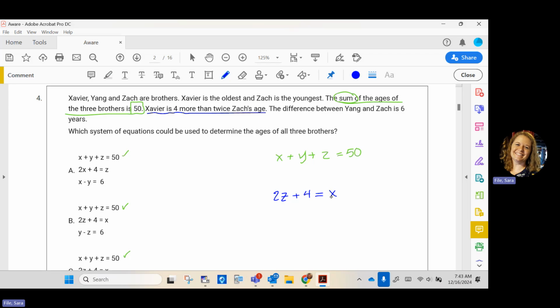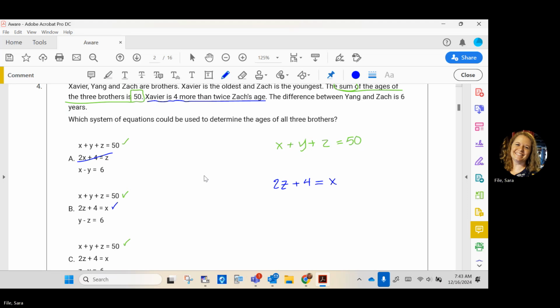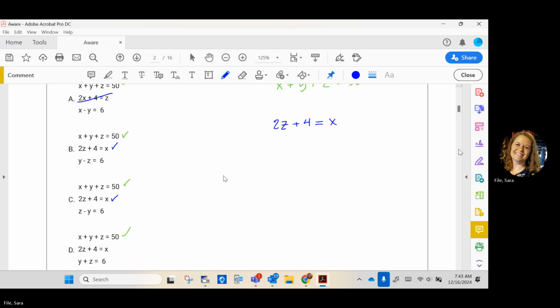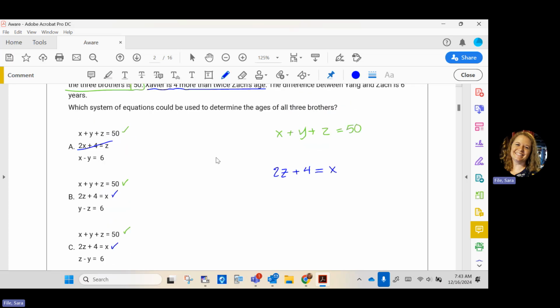Xavier is 4 more than twice Zach's age. Okay, so let's see. 2z plus 4 equals x. This one's got the x and z mixed up, so A is out. 2z plus 4 equals x. Okay, so I can only eliminate answer choice A so far.